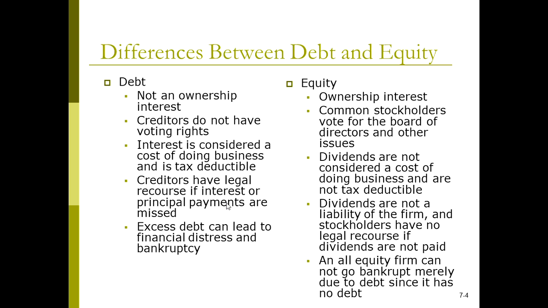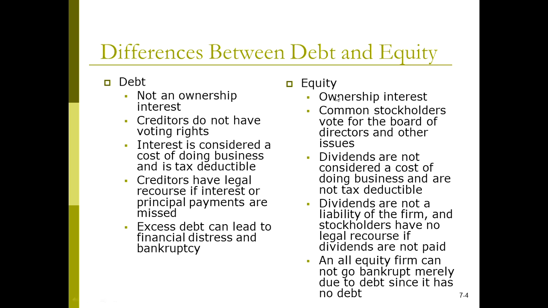Meaning if a company misses a payment of either coupon or face value, the holders of the bonds will sue you and you will go into the bankruptcy process, liquidating all your assets to pay off your creditors. That is why if you borrow too much, excess debt can lead to financial distress and eventually bankruptcy.